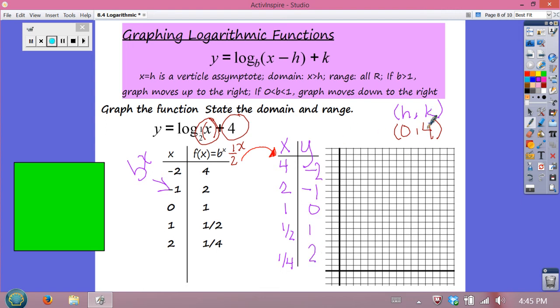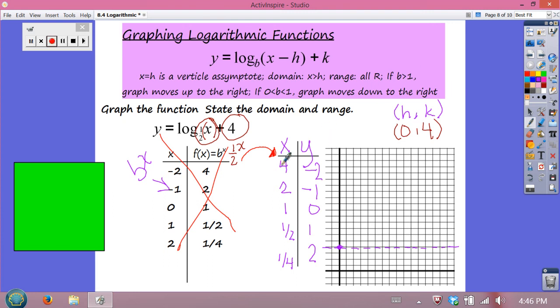Just like before, first things first, we graph our new origin, (0, 4). Graph our new axes. We're still going to stay on the y-axis because our x value was 0. From here, we graph our new points. Cannot stress how important this is: after you've calculated that, flip them.